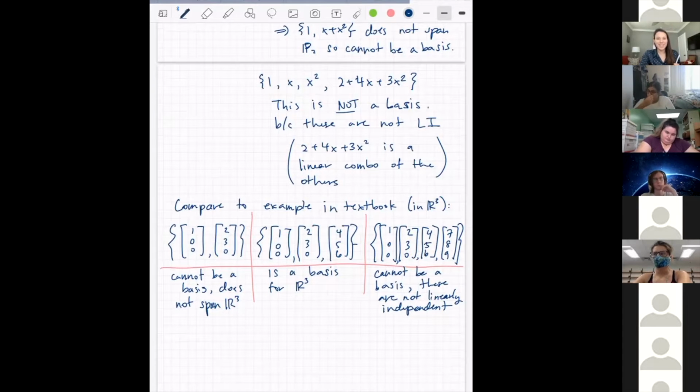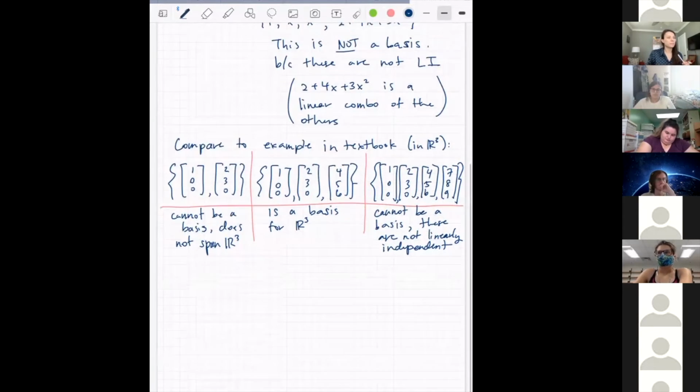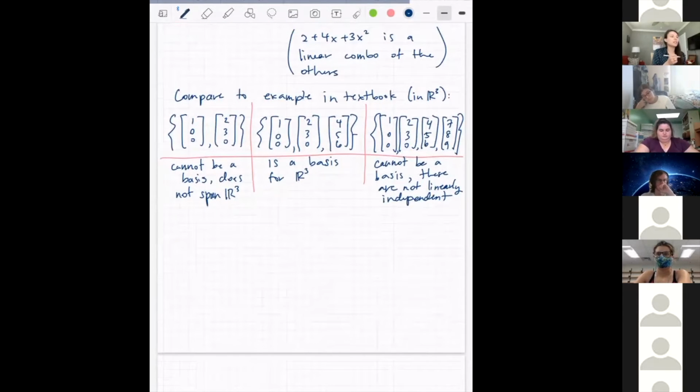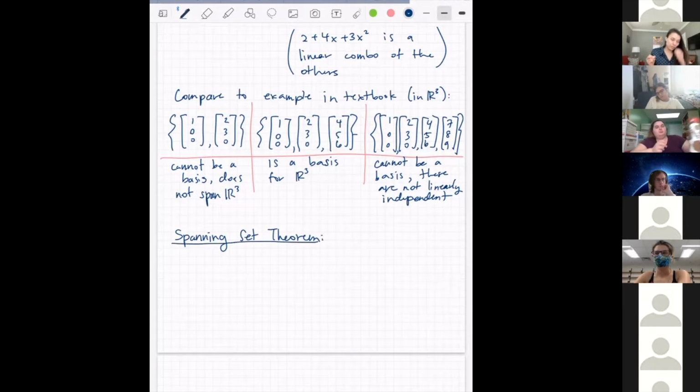I'll define that later. Okay. So let's see. We have the following theorem, which is called the spanning set theorem. Okay.